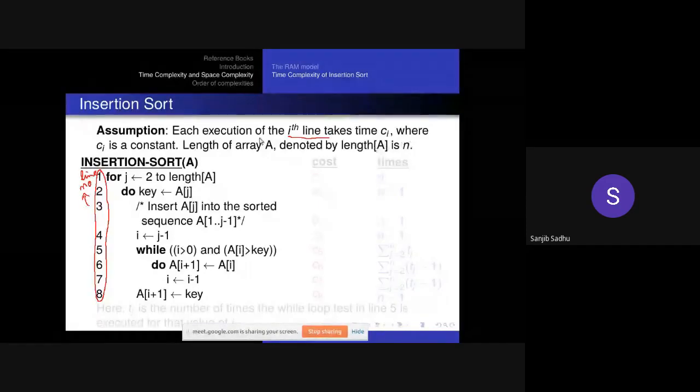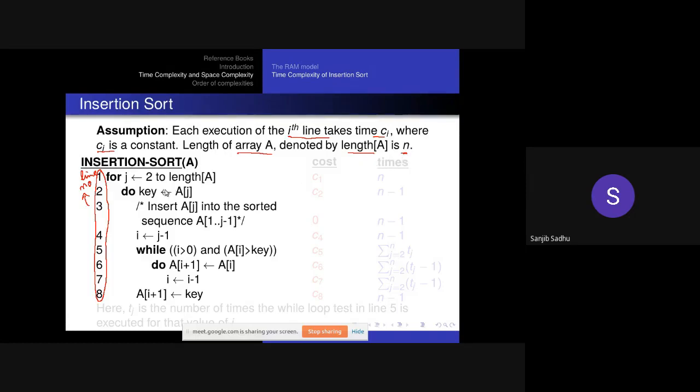Each execution of the ith line takes ci. This means c1, c2, c3, c4, where ci is a constant. It may be 5 units, 6 units, whatever it may be, but constant. And the length of the array A is denoted by length A, which is n.